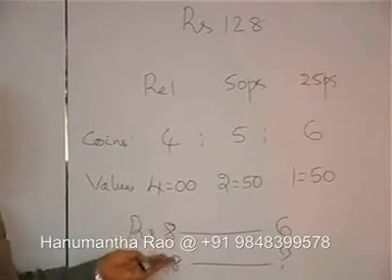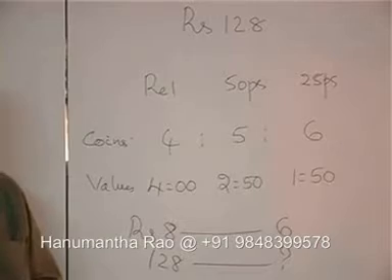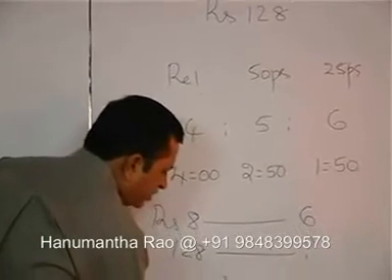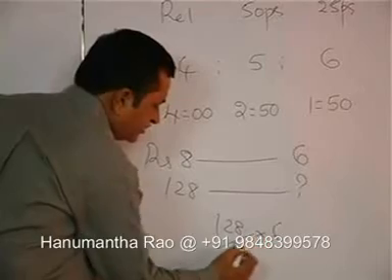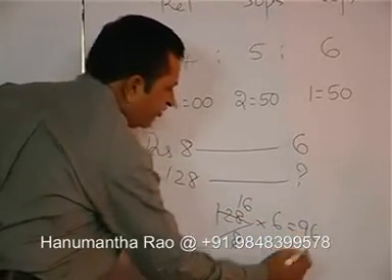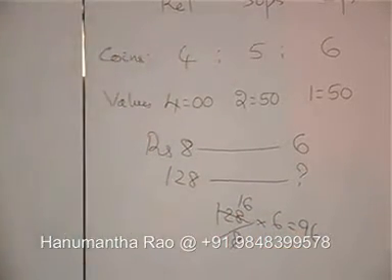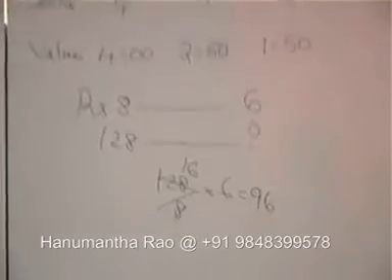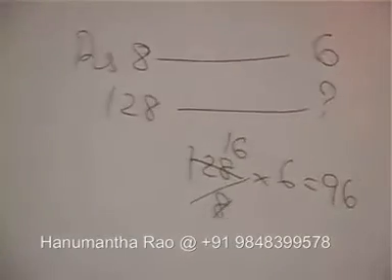Compared with 8 rupees, for 128 rupees the coins will be more. So more by less into 6: 96 25 paise coins will be there.